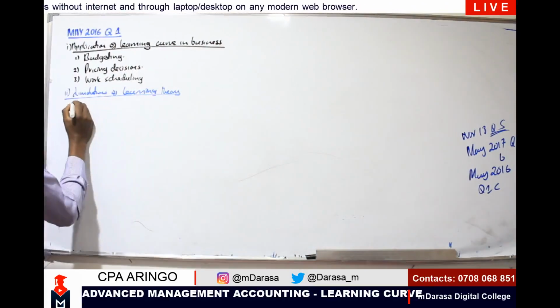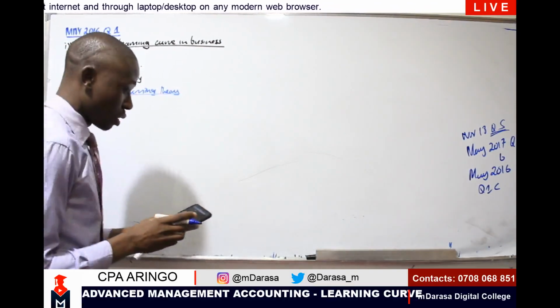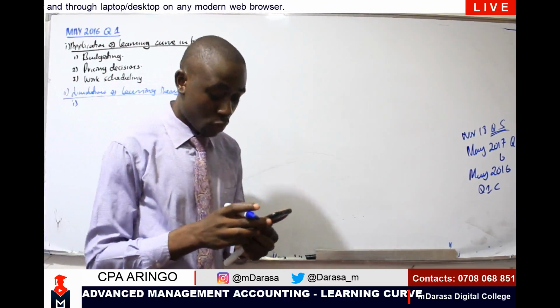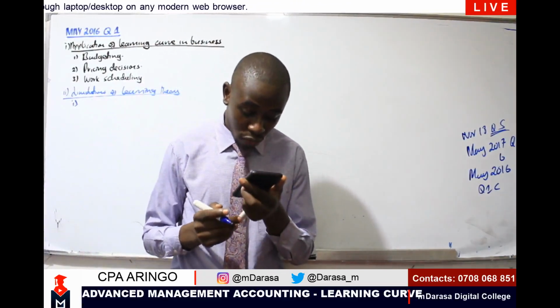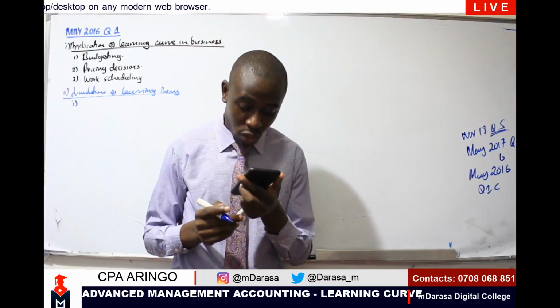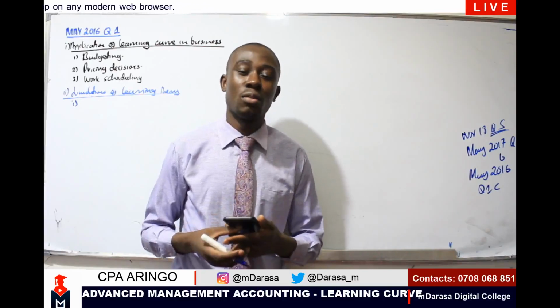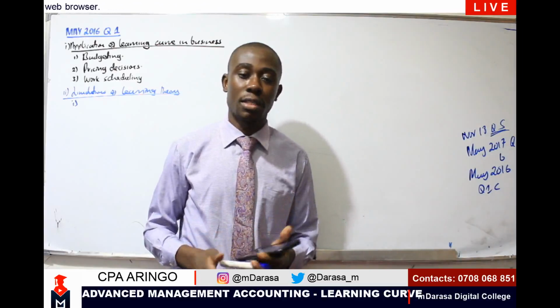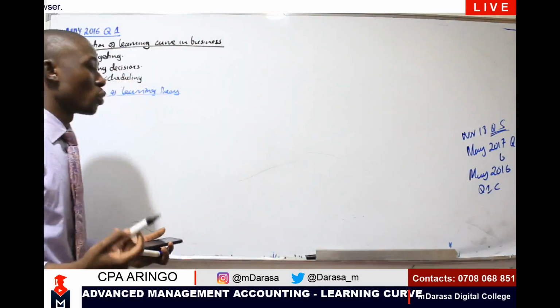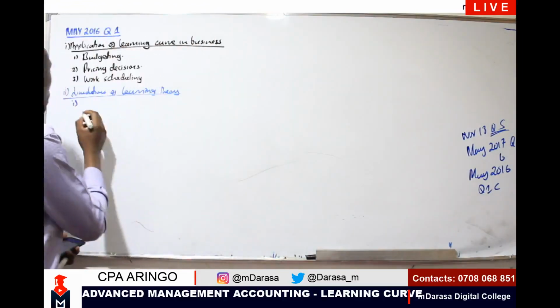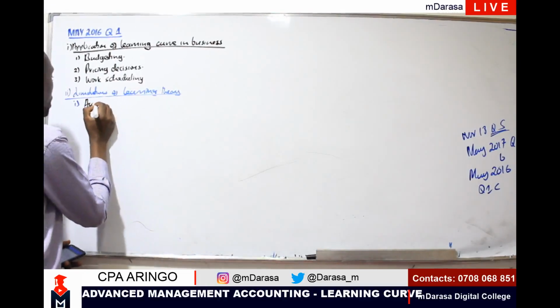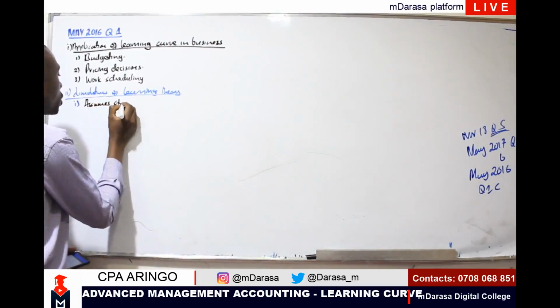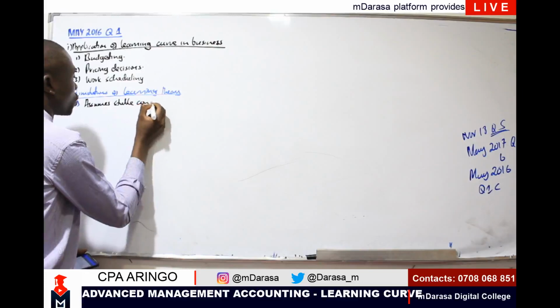So looking at the limitations of the learning curve, number 1, as we've mentioned, it assumes stable conditions at work, which will enable learning to take place.